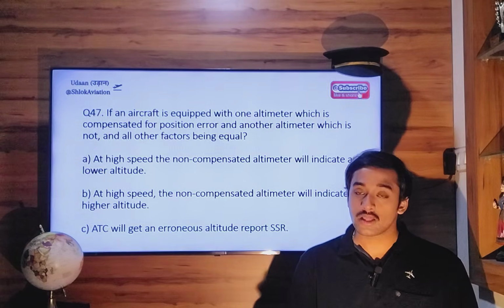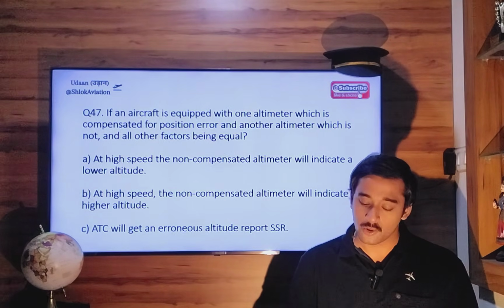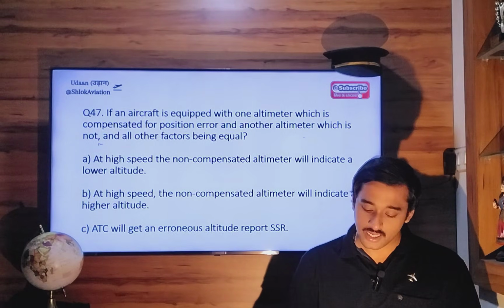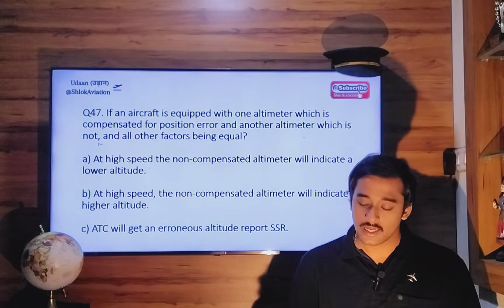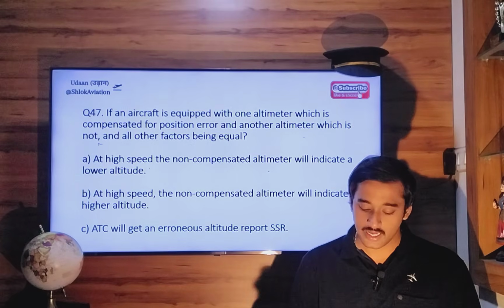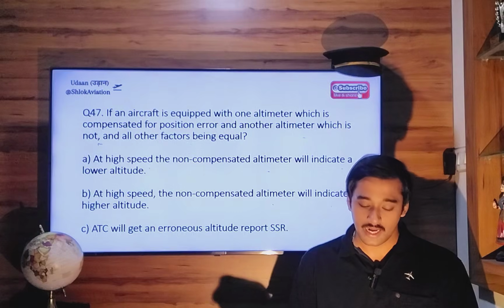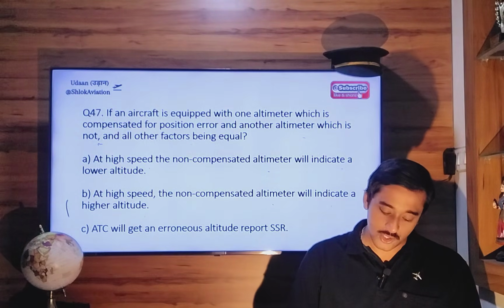If an aircraft is equipped with one altimeter which is compensated for position error and another altimeter which is not, all other factors being equal, at high speed the non-compensated altimeter will indicate a lower altitude. At high speed the non-compensated altimeter will indicate a higher altitude. So option Bravo.